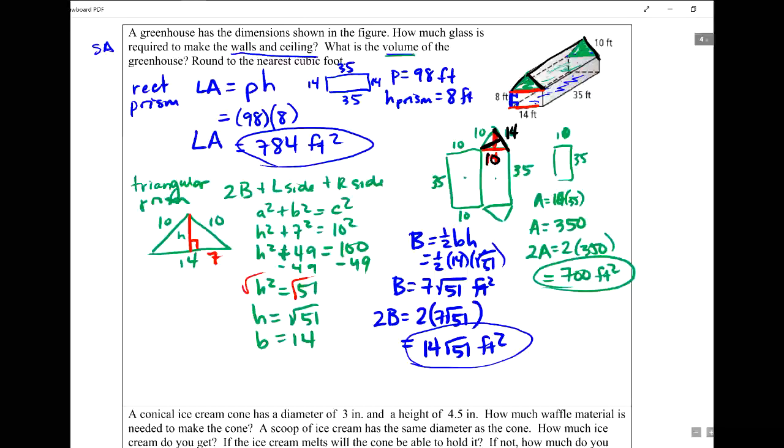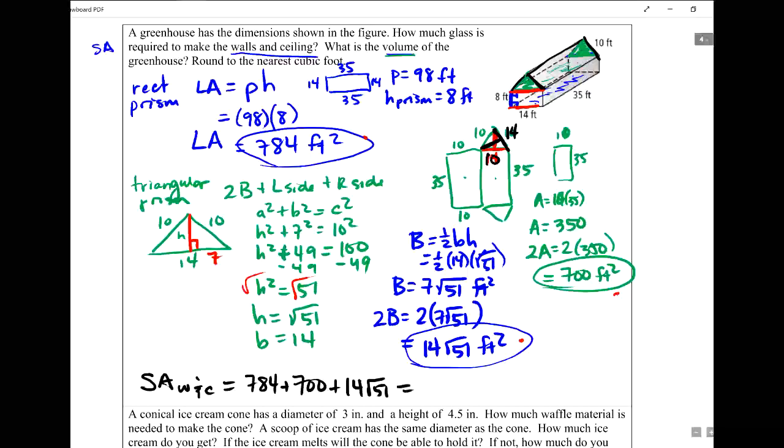So I now have my sides, the front and back of my roof, the triangular pieces, and the 2 top pieces of my roof. And so my surface area of the windows and ceiling is going to be 784 plus 700 plus 14 square root 51.